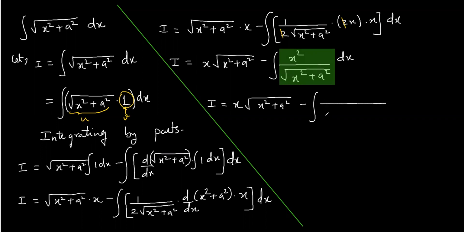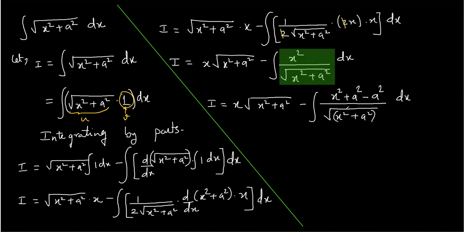See, in the denominator I have x square plus a square and in the numerator I have x square. So what I will do is add a square, and since I am adding a square, I will have to subtract a square, dx. What I did, since in the denominator I have x square plus a square and in the numerator I had only x square, I added a square and subtracted a square.